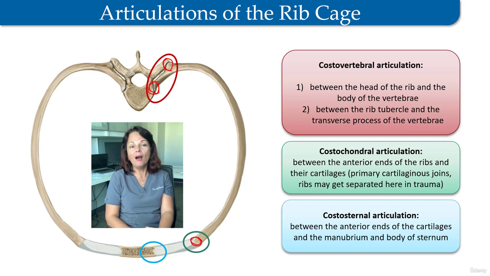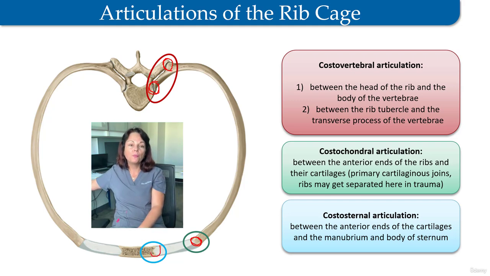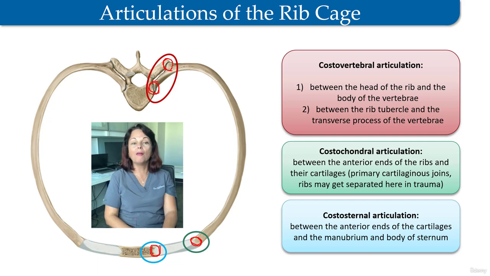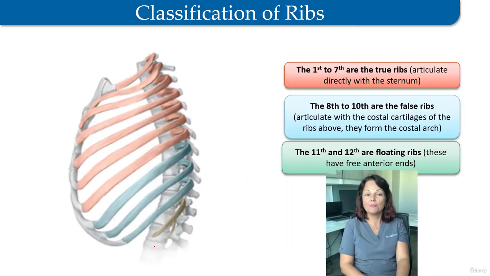Those, by the way, are primarily cartilaginous ones. And the costal cartilages articulate with the sternum or with the cartilage above at the synovial sternocostal and interchondral joints, respectively.